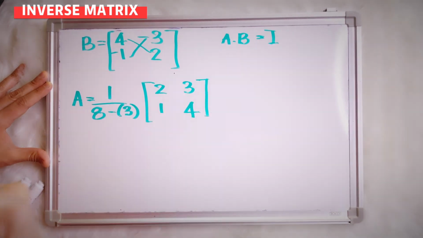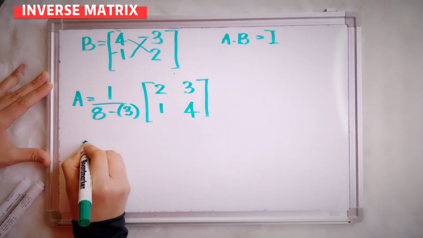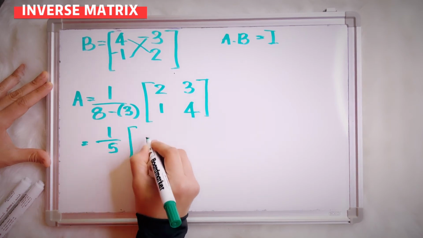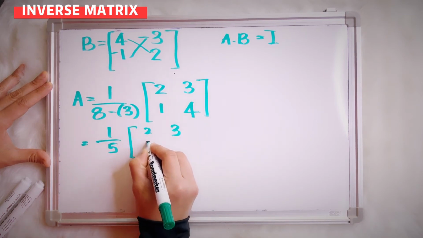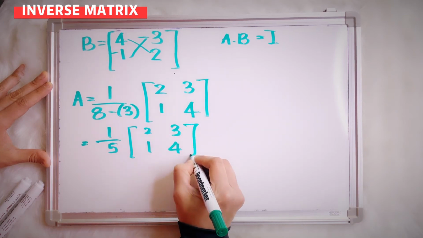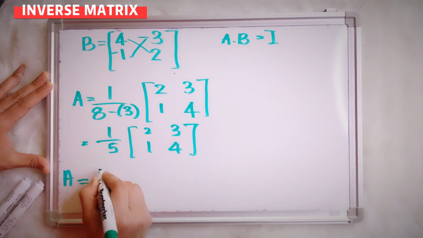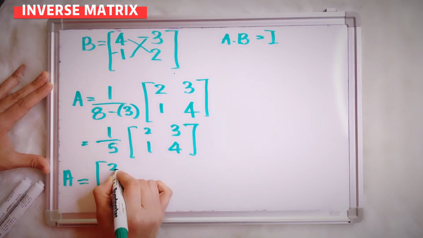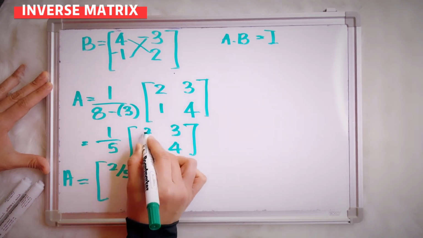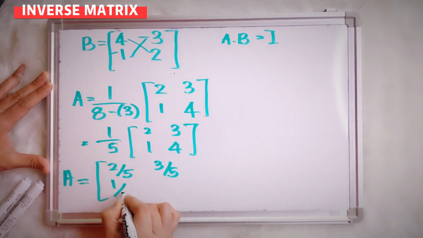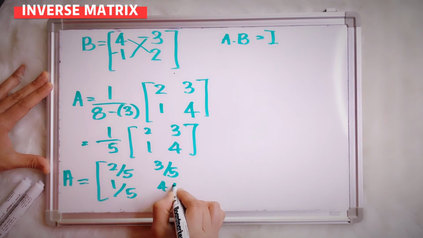Okay, so now you will have 1 over 5, 2, 3, 1, and 4. Okay, so that means here we have matrix A, 2 over 5, 3 over 5, 1 over 5, and 4 over 5.